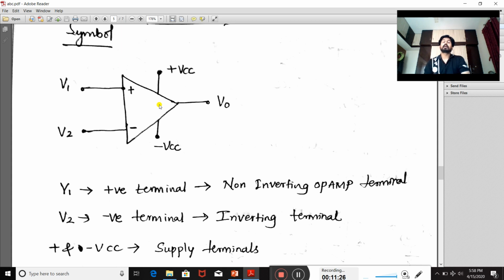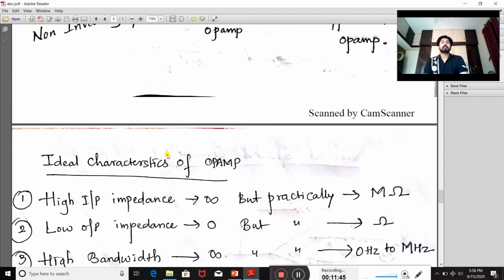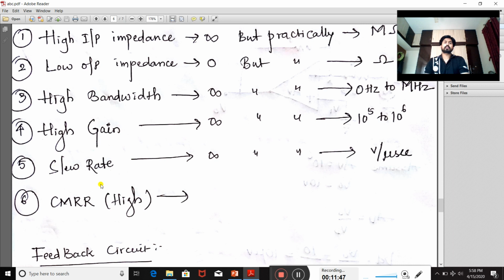When we speak of the voltage gain of an amplifier as 100, 200, 1000, like that, we already call it a very high value. Now here it is 10 raised to 6, so it is a very high operational amplifier gain. Along with that, two other characteristics, slew rate and CMRR, should both be high.